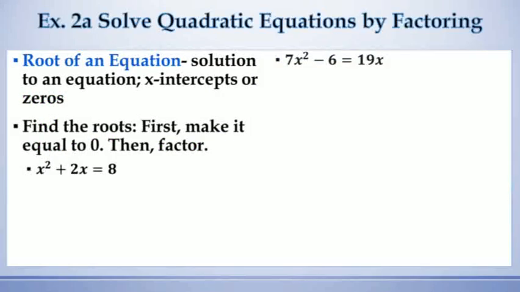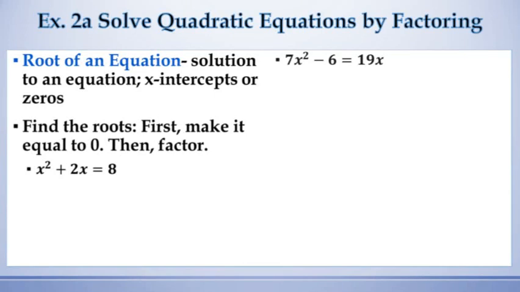Example 2, solve quadratic equations by factoring. Before, when we were making something equal to 0, especially the two binomials, you factored a trinomial to get those two binomials. What you're really finding are the roots of an equation.